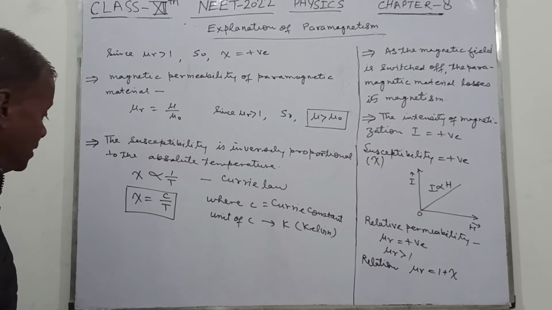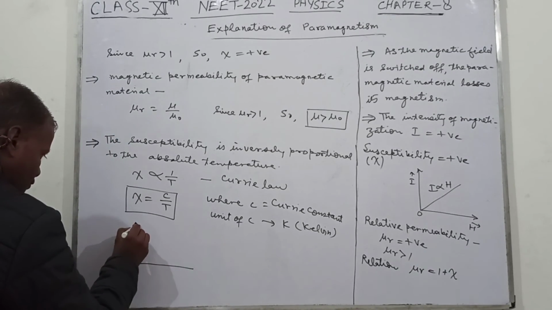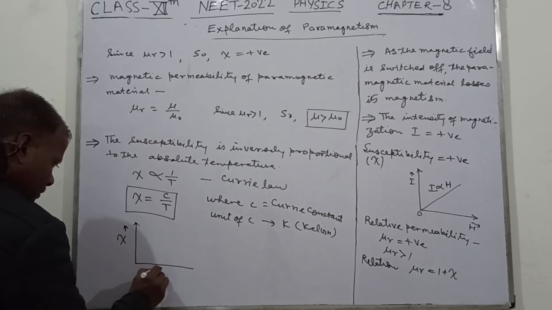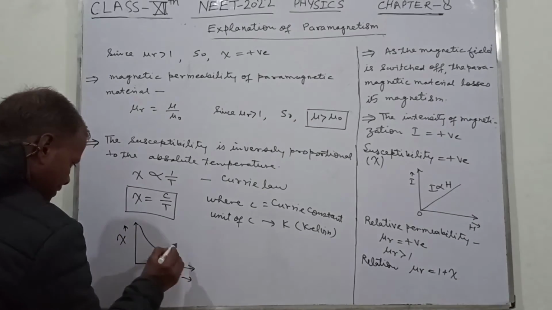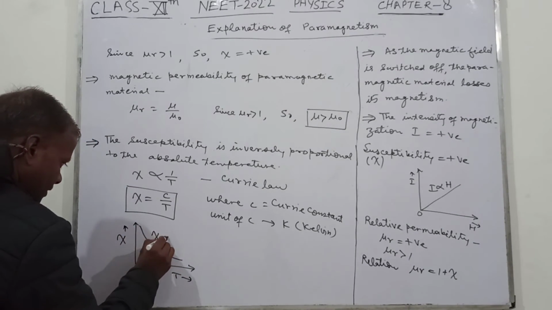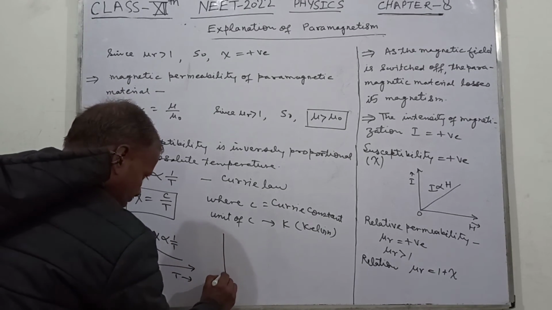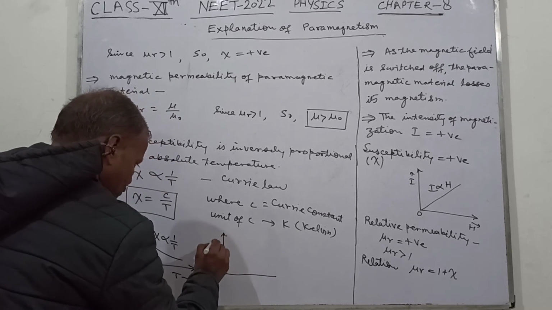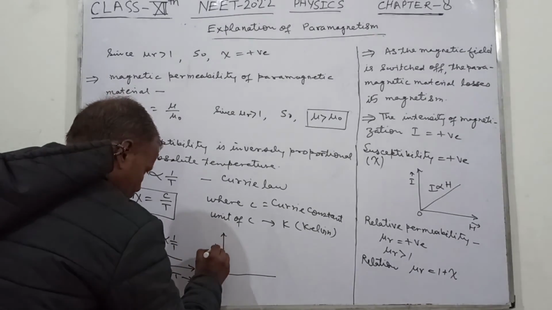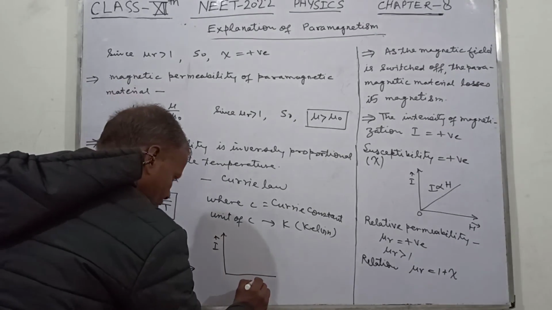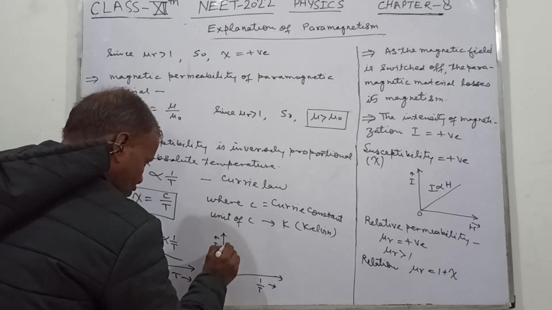So now I will show you the graph. This is now suppose chi, and this is your temperature T on this side, then it is like this. So this shows that chi is proportional to 1 upon T. And if we have this one, suppose this is chi and this is 1 upon T on this side, then this will be a straight line.